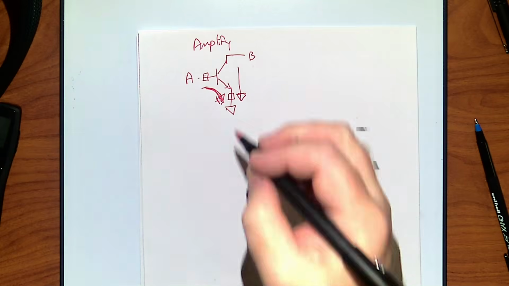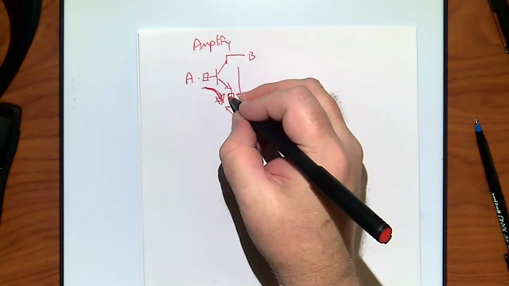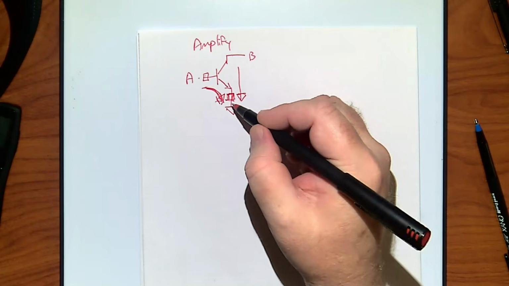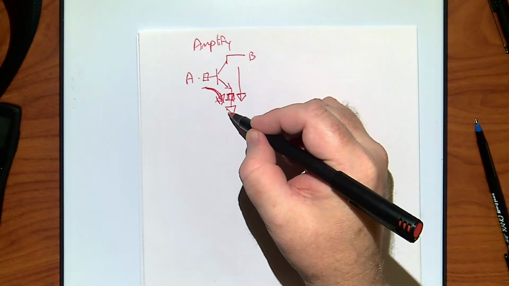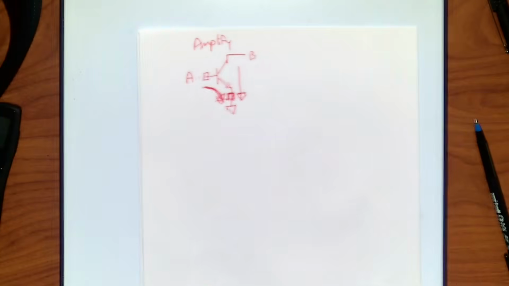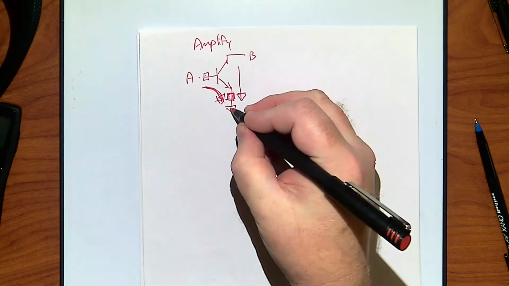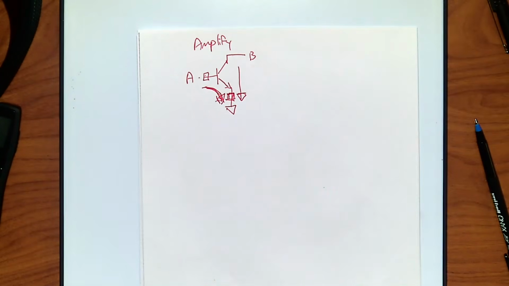In particular, if I put it here, then yes, it will protect, but I've got current flowing through this. Current flowing through a resistor causes a voltage drop. So that's going to lift this to above zero. Do you want that?